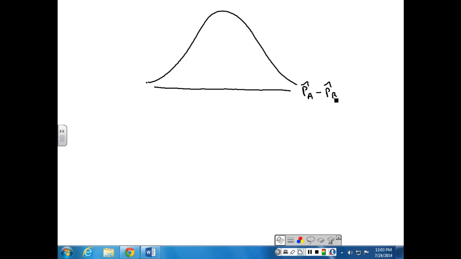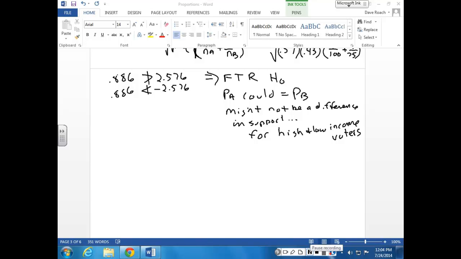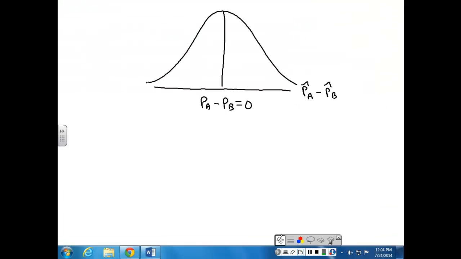If the null hypothesis is true, the center will be PA minus PB equal to 0. The difference that we observed, P hat A minus P hat B, was equal to 0.6 minus 0.533, which is 0.067.